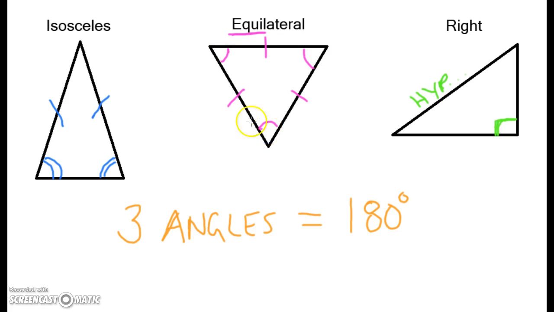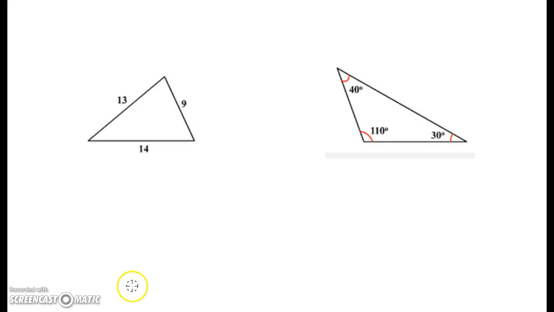So if you take 180, all of the degrees in a triangle, and you divide it into three equal pieces, you get 60. So in an equilateral triangle, this angle is 60, this angle is 60, and this angle is 60, and that's true every single time. There are two other things that I want to talk about with triangles, but it's going to be on the next slide.